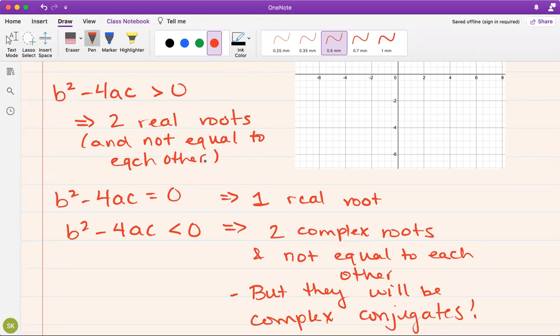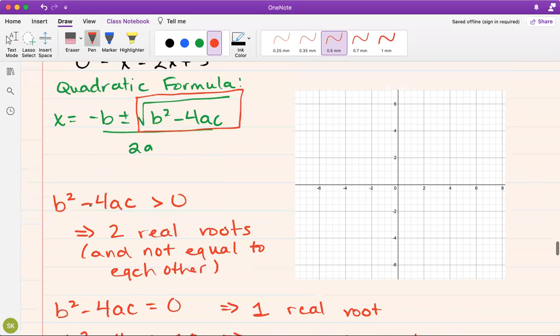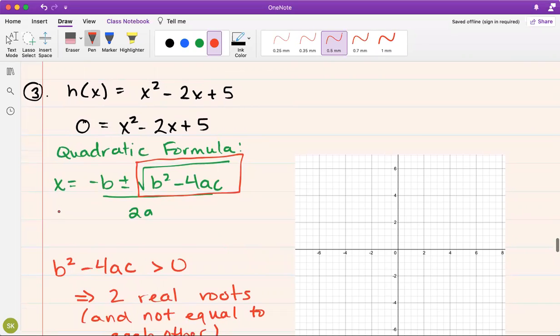Okay, so instead of finding the whole root, which we're going to do, I want to just figure out if we're going to have real roots or complex roots. So what is b squared minus 4ac in this case? Well, b is negative 2. If we square that, we get 4.